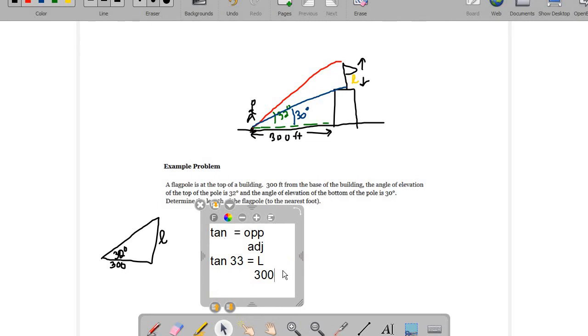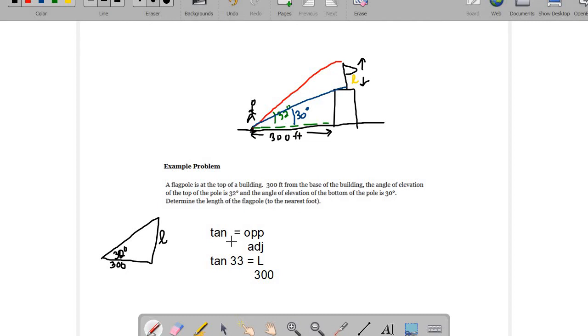You have to find L by getting rid of 300. Multiplying by 300 would get rid of the 300 here, since it is the opposite of division. So we can cancel that. You have to do the same thing on the other side of the equation, and that leaves you with 300 times tan 33.